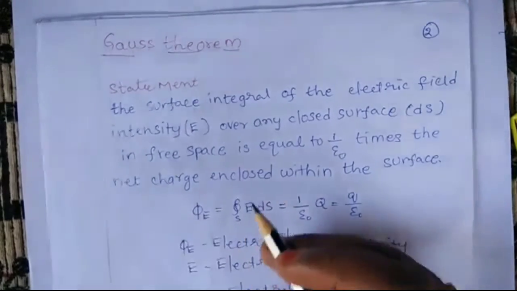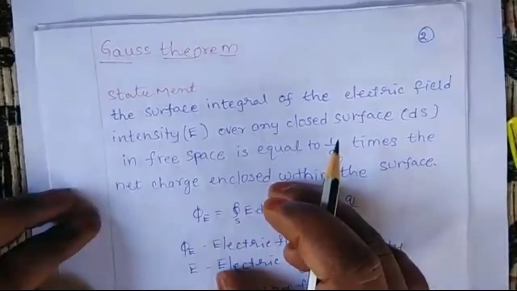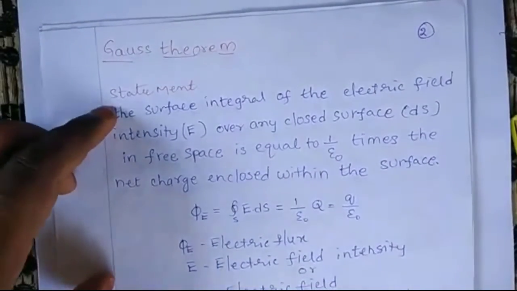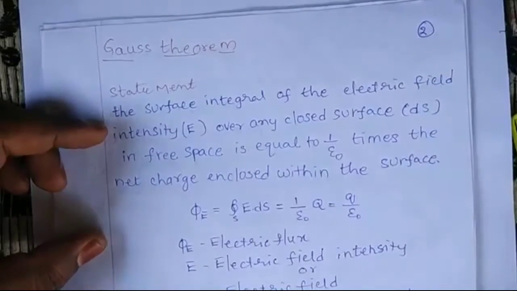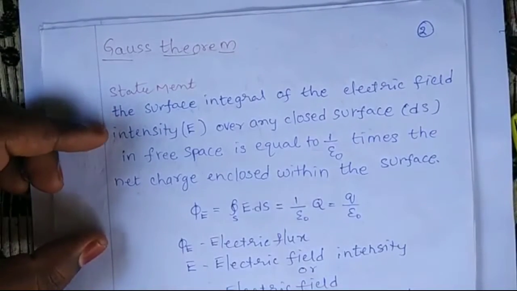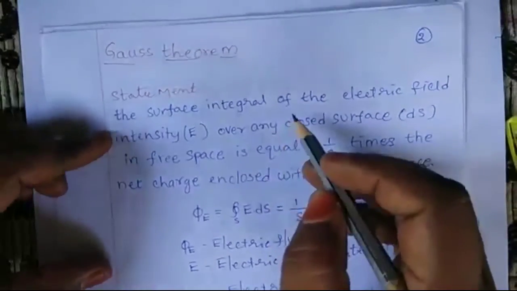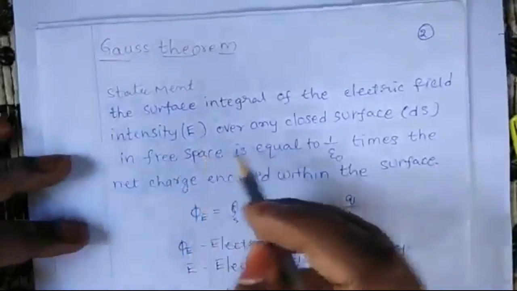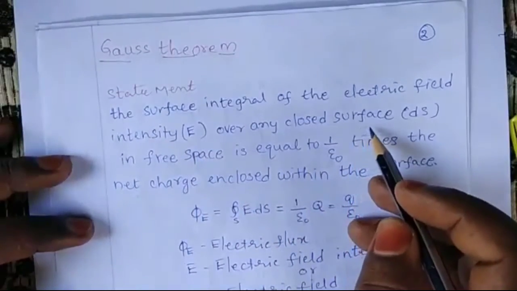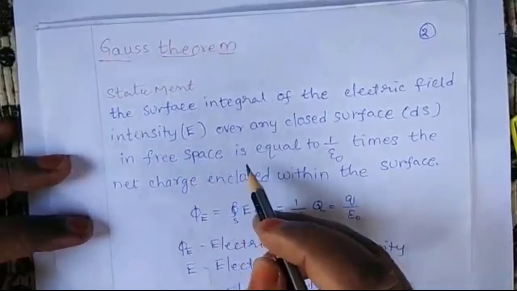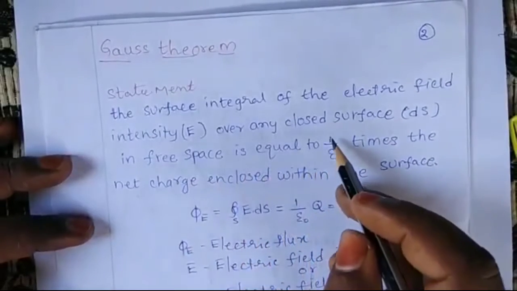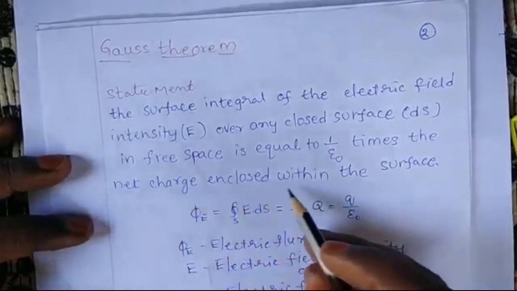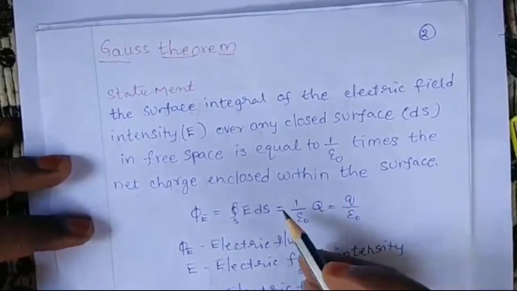Coming to the next content, Gauss theorem, which is very, very important for board exam 2021. Coming to the statement of Gauss theorem: the surface integral of the electric field intensity E over any closed surface in free space is equal to 1 by epsilon naught times the net charge enclosed within the surface.